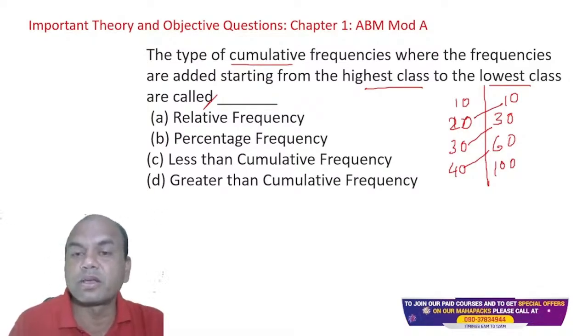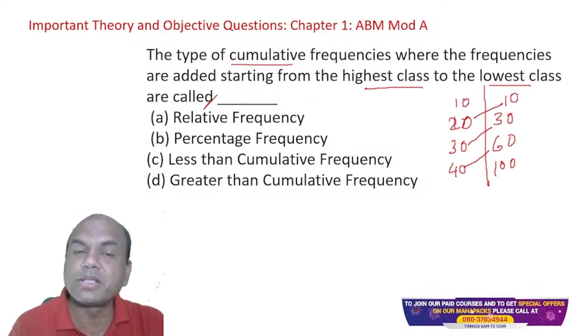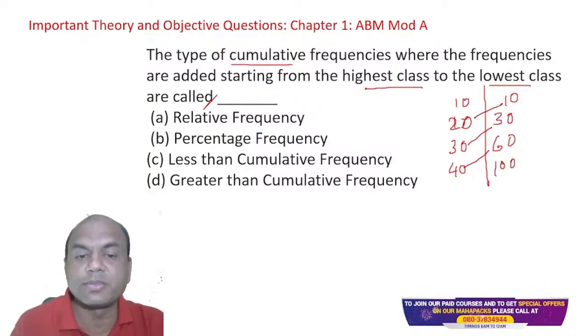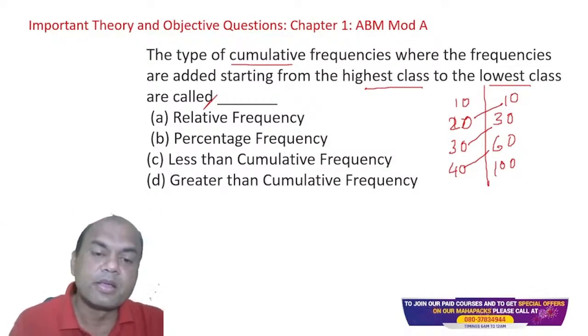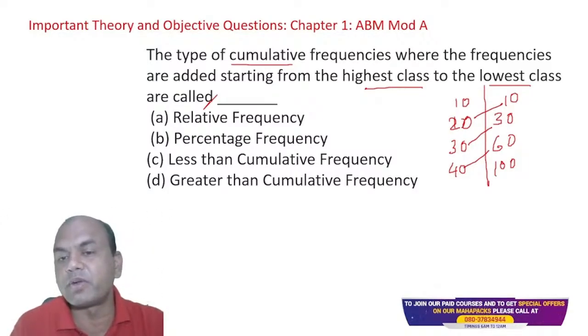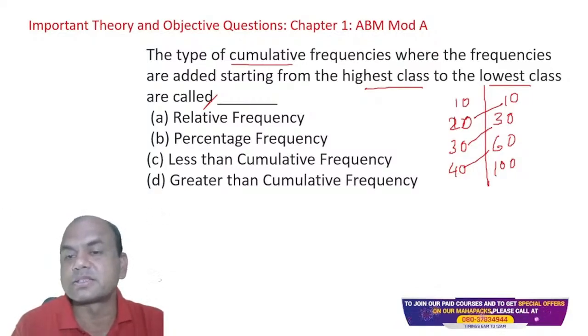The question over here is when the frequencies are added from the highest class to the lowest class. Highest to the lowest means what? What do you mean by the class? Let's say I am having these numbers only, 10, 20, 30, 40. Now what will I do? I'll divide these numbers in classes.